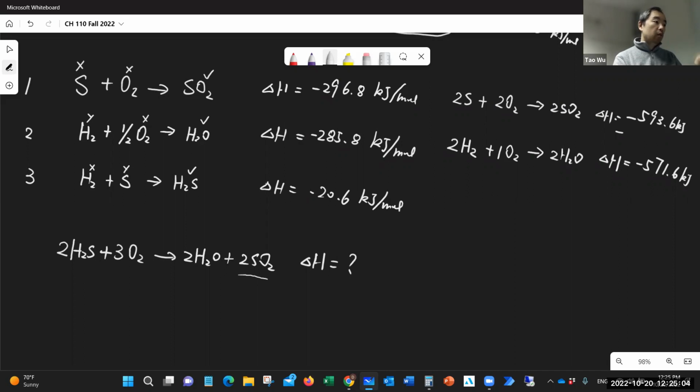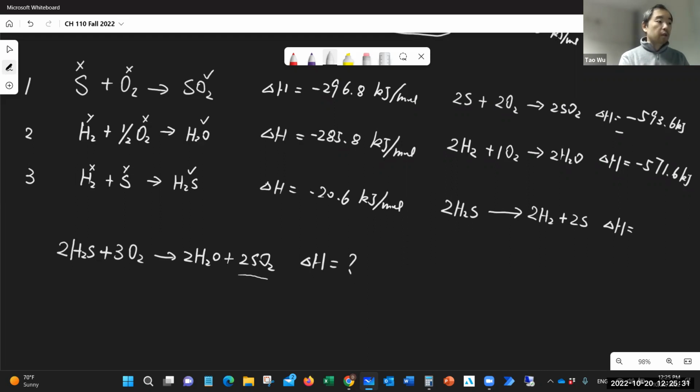Okay, so now what do we do? We need to times 2 and reverse, so I'm combining them together. So we should have 2 H2S to form 2 hydrogen plus 2 sulfur. And then you're going to do the same thing for the enthalpy of these reactions.